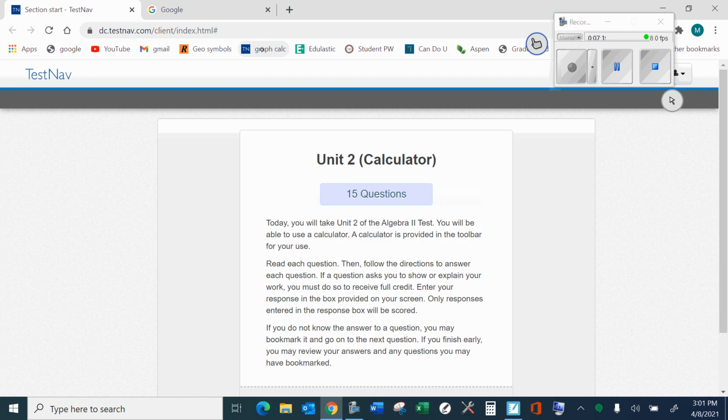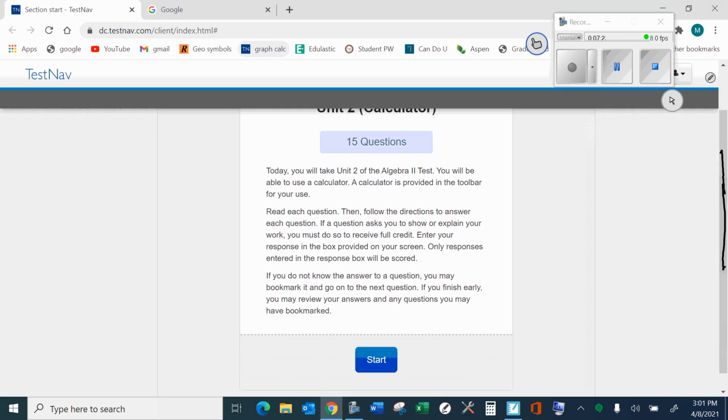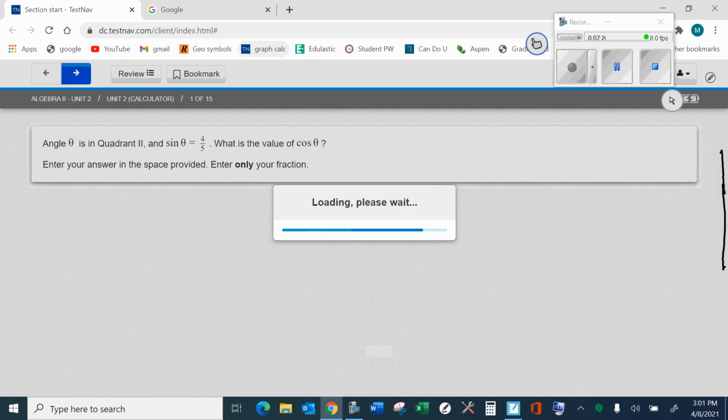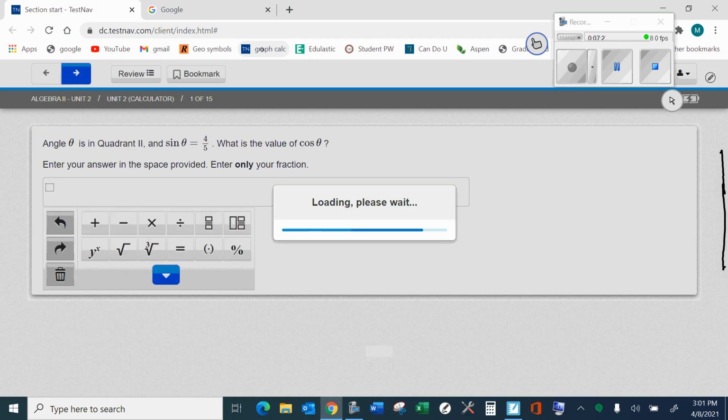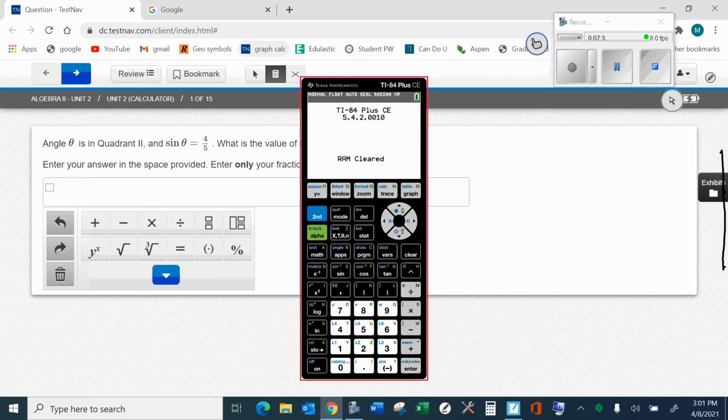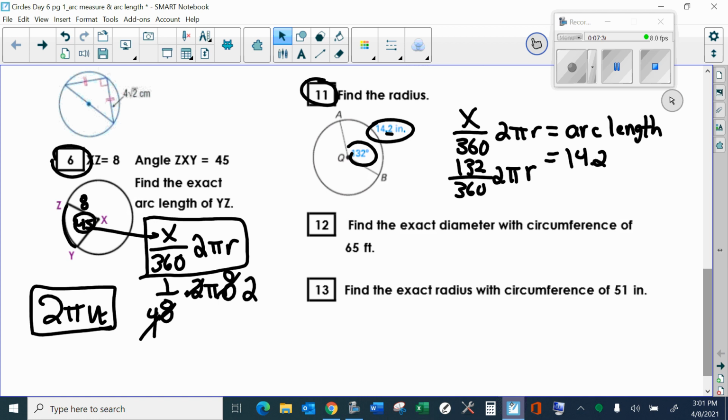Start, move it down, come on, move down, start. Calculator, clear, okay.